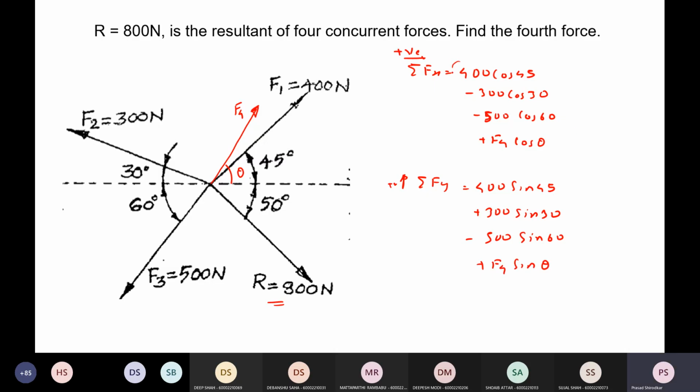And this whole thing is equal to the component of the resultant, that is 800 cos 50.